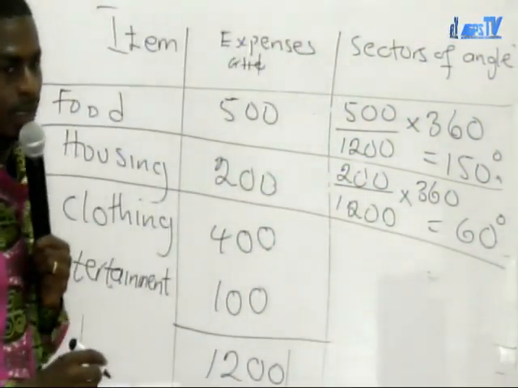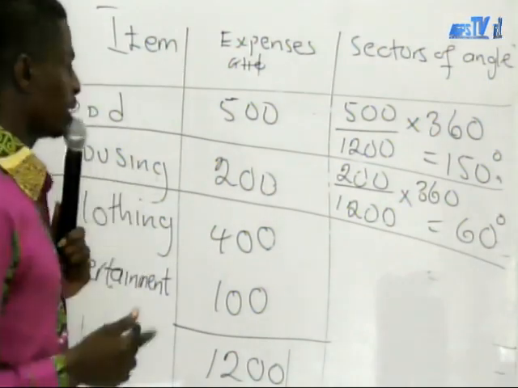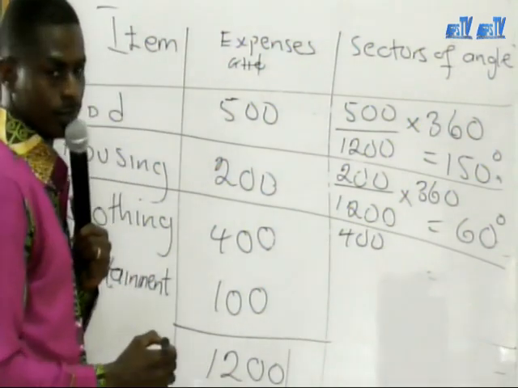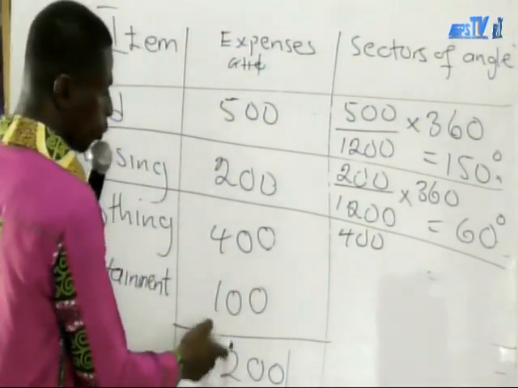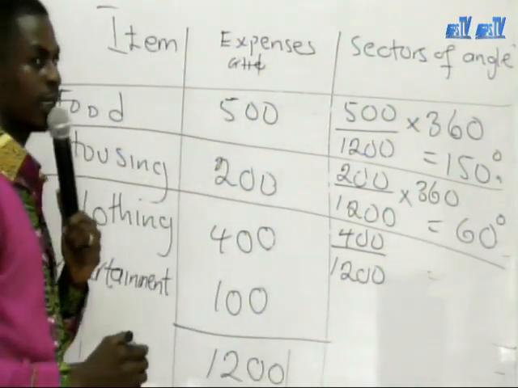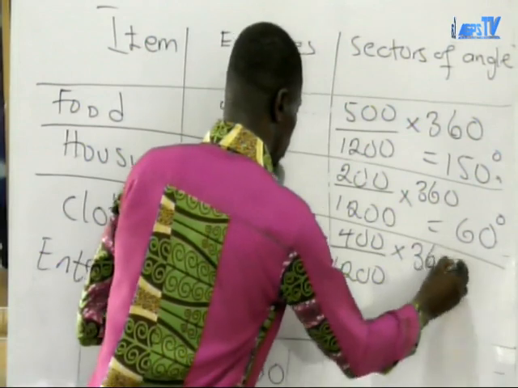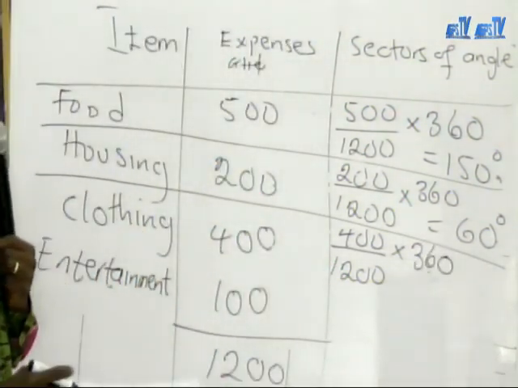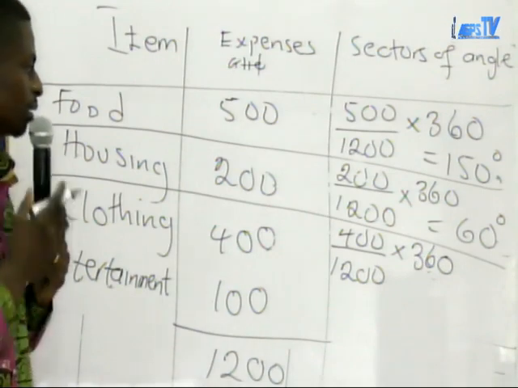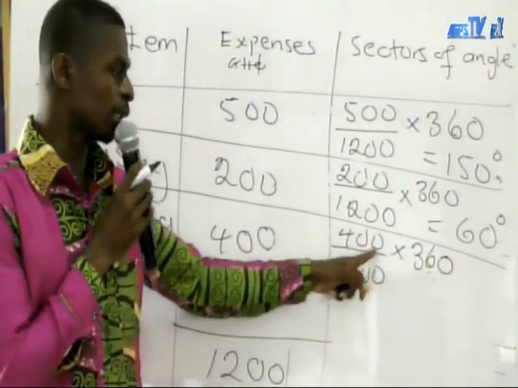housing. Then we can also go into clothing. And once again, clothing too, we have 400 out of the total, which is 1,200. Then we multiply by 360. Once again, the calculation can be done. These two zeros can also nullify these two zeros.